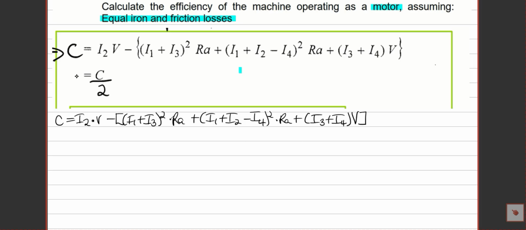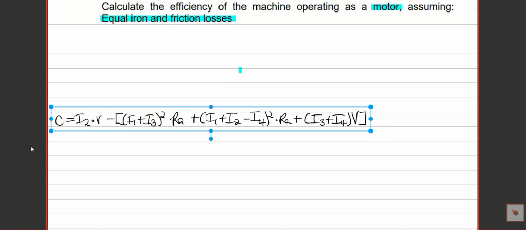Let me get rid of this. So there we have our formula for C.